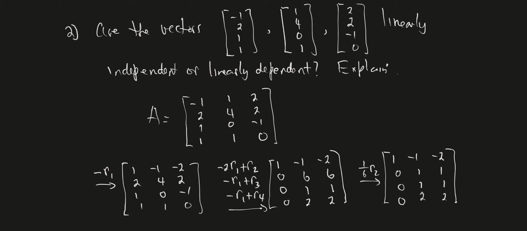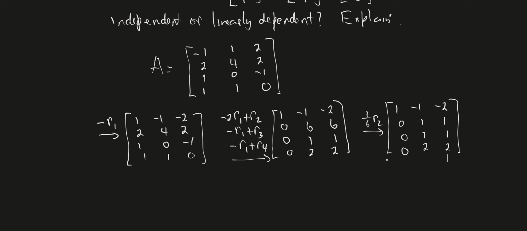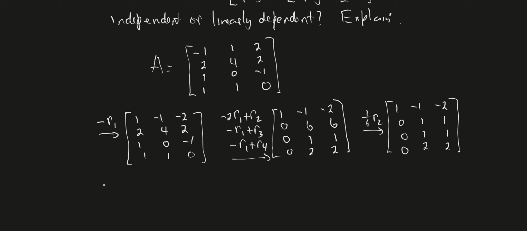And when I eliminate this 2, I'm going to automatically eliminate that 2. So let me write down the formal operations here. If I now take negative row 2 and add it to row 3, and if I take -2 row 2 added to row 4, this is what I end up with: 1, -1, -2, 0, 1, 1, and then 0, 0, 0, and then 0, 0, 0, right?